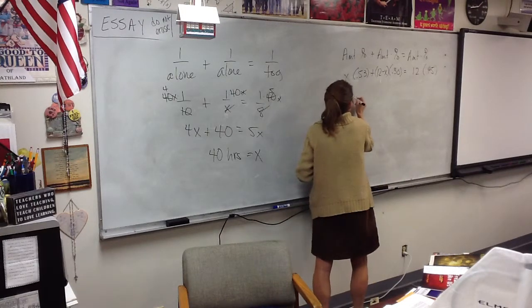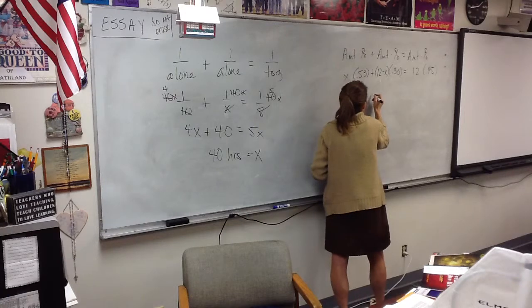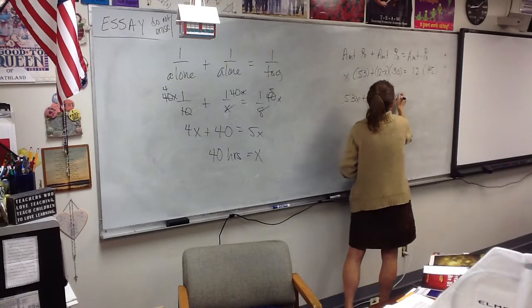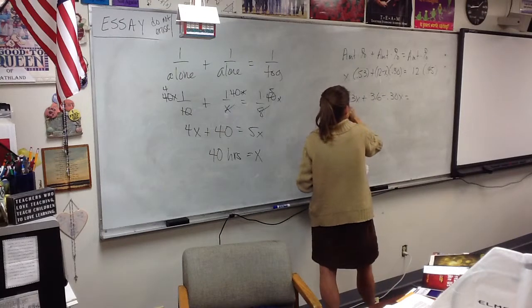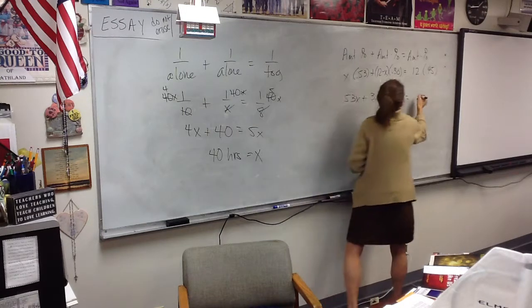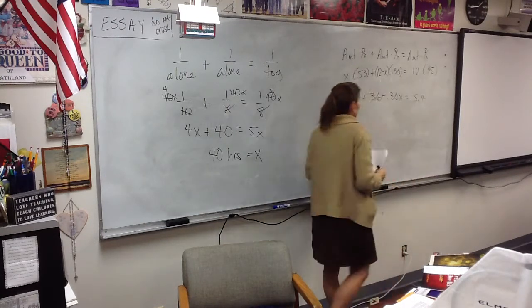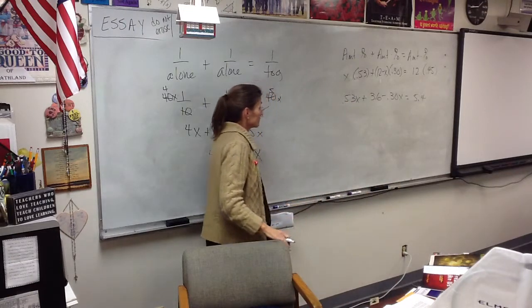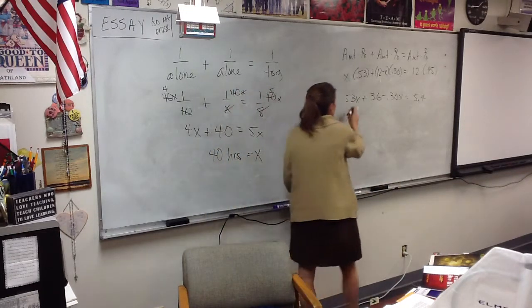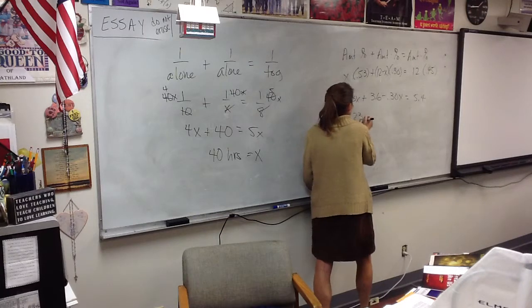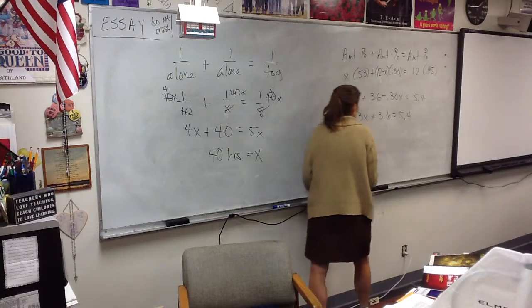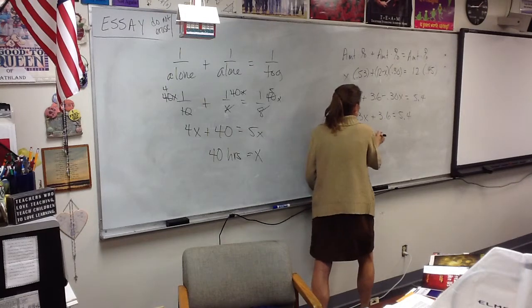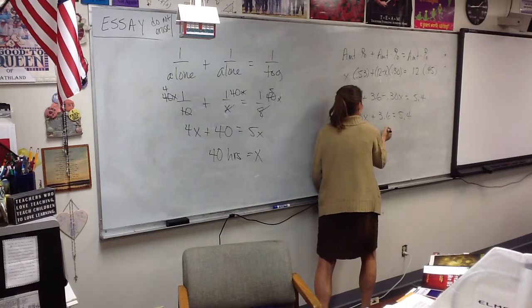So 0.53X plus 3.6 minus 0.30X equals, what is 45 times 12? 540, 5.4? Subtract the 5.4. So these guys can be combined, 0.23X. So 0.23X equals 1.8.